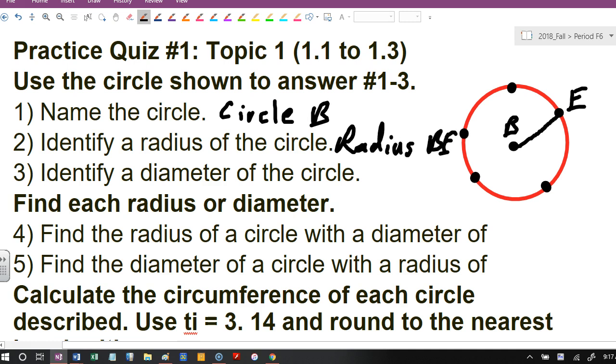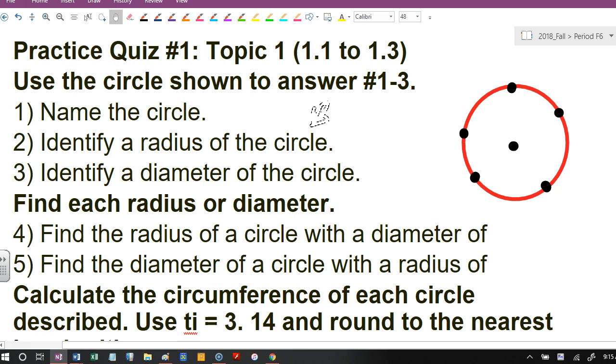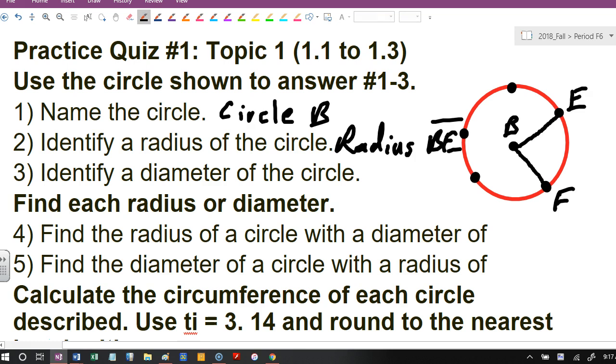I'm going to put a line above it because I teach geometry, and when you have a line segment, you put a line. Are there other answers for the radius? Yes, for instance, if this was F, you could have BF or FB.